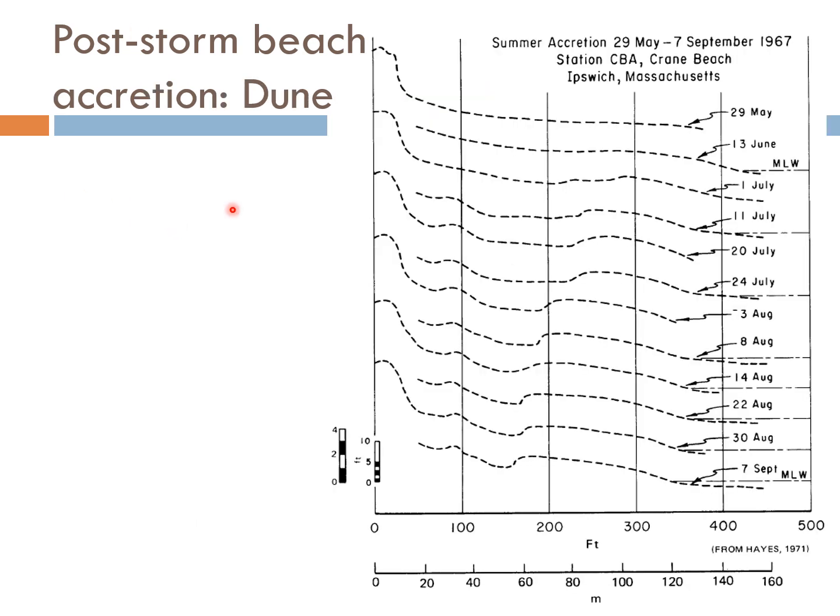This figure shows the changes of the beach dune, which is above the mean sea level. So this is the profile of the beach dune on the 29th of May, and its changes all the way up to 7 September. The figure also shows the mean low water line.